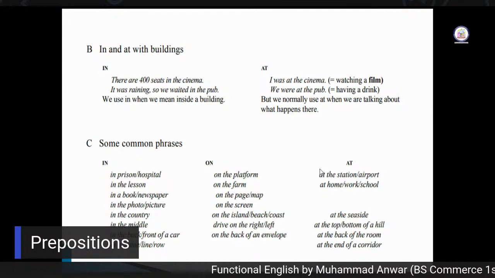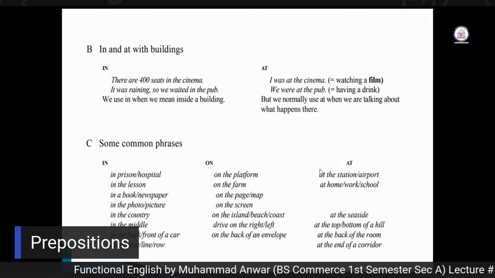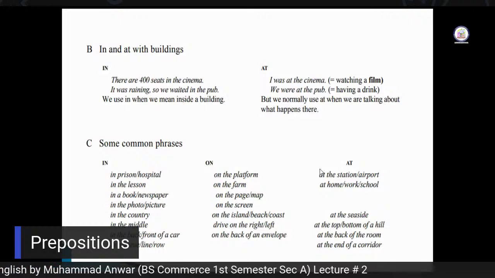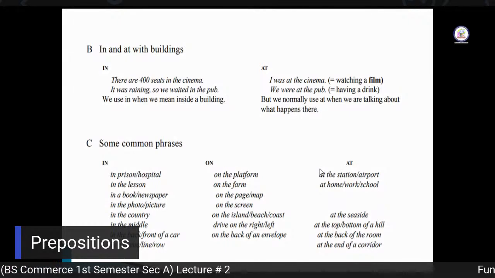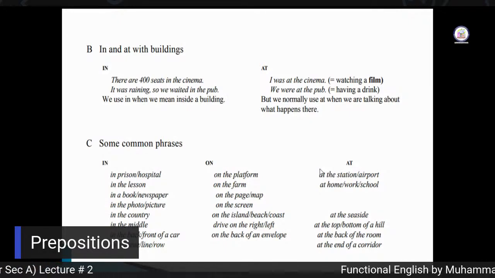Now some common phrases. अब इन phrases को भी आपने याद, you have to remember them, you have to memorize them. Remember, these are the things which you have to memorize and practice.